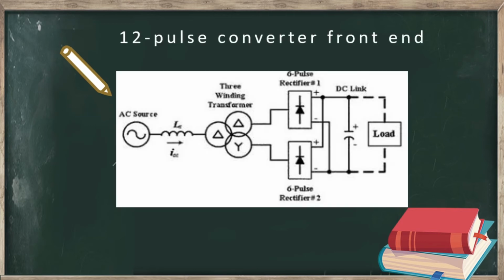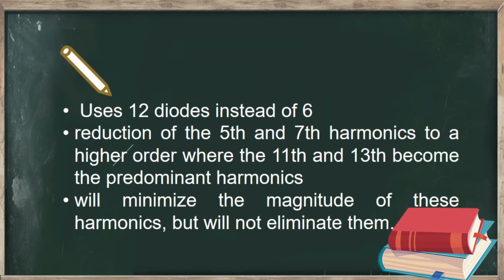The next one is the 12-pulse converter front end. It uses 12 diodes instead of 6. It reduces the 5th and 7th harmonics to a higher order, where the 11th and 13th become the predominant harmonics. What is meant by predominant is that the 11th and 13th will emphasize the harmonic itself.